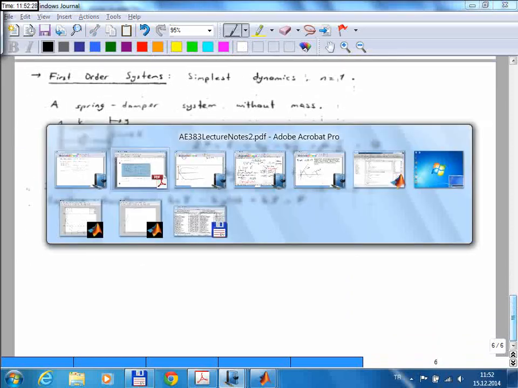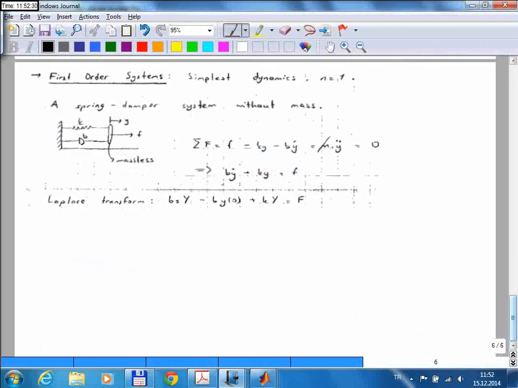Okay, so suppose that you have a first order system. I use the spring damper system. Normally this is a second order system if you consider the position of the block. But if you consider the speed of the block y, then the order of the system reduces to 1. So you have a first order equation.